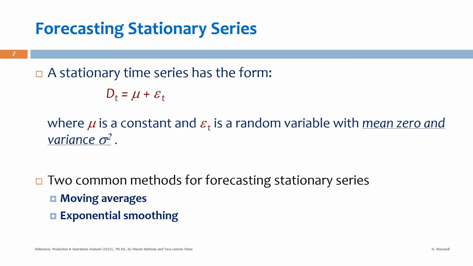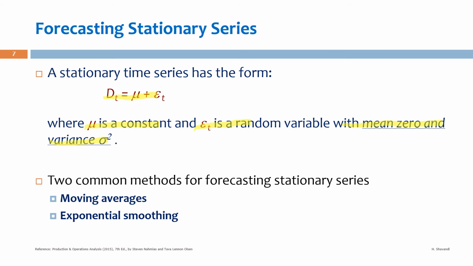So we are going to have the forecasting models from now on, and we start with the stationary time series. A stationary time series has this form: d_t equals mu plus epsilon_t, where mu is a constant and epsilon_t is a random variable with mean 0 and variance sigma squared. So as you see here, mu doesn't have a t subscript, and this means that mu is constant.